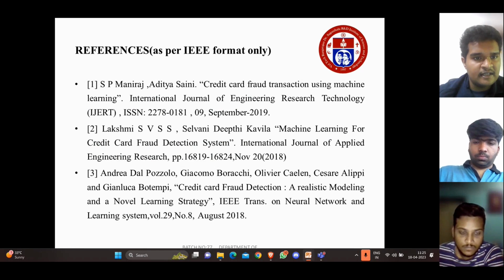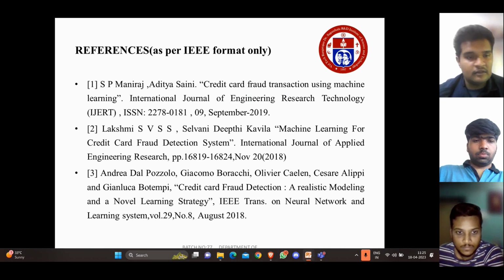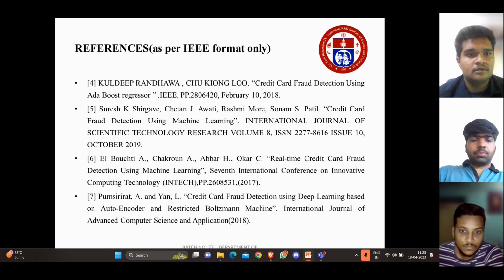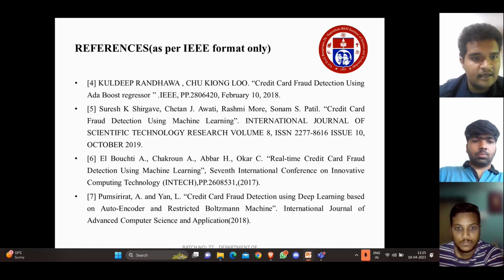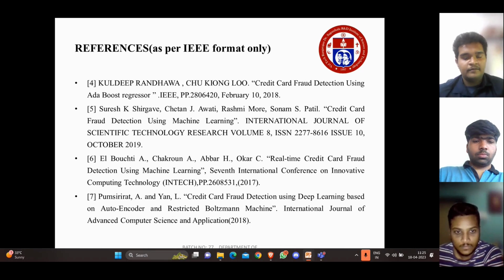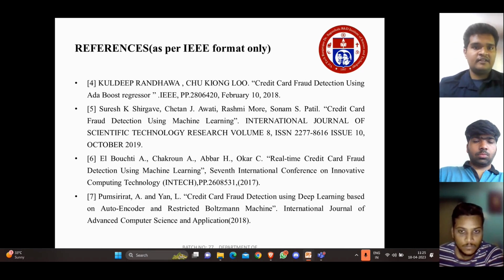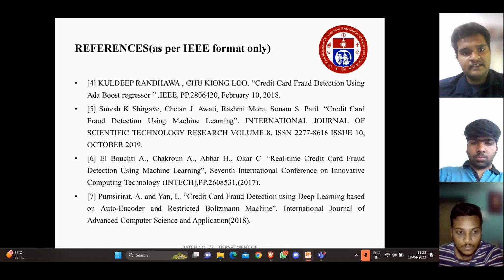As you can see here, SP Manaraj, Aditya Saini, Lakshmi SVSS, Andrea Dahl. Next slide, please. Kuldeep, Suresh K, AL Bochiti, and Pamshriti A. These are the references we have taken as per the IEEE.